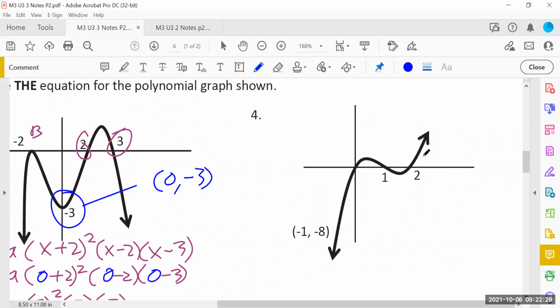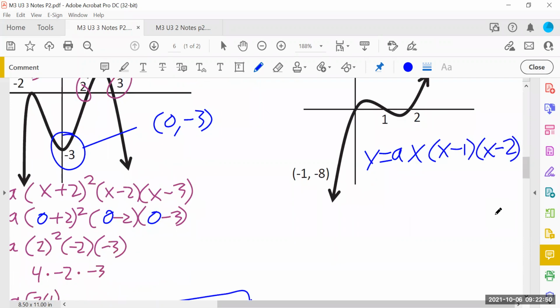Get our x-intercepts 0, 1, and 2, which means our factors are going to be x minus 0, or just x, times x minus 1, times x minus 2. Okay, so there's our generic equation. Take another point and plug it in. So they give us the point -1, -8. The point -1, -8 in here.